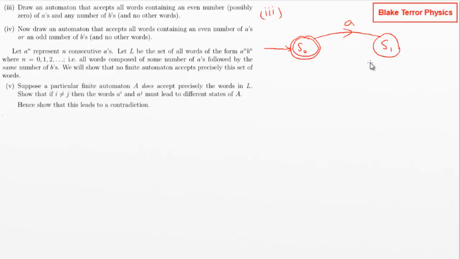Now, if we did an A from S1, then we have to go back. Well, we could go back to S0. It just depends if we have to have another accepting state or not. Any number of B's. So, well, if it goes, it's got to go off to another accepting state, or maybe the same accepting state.